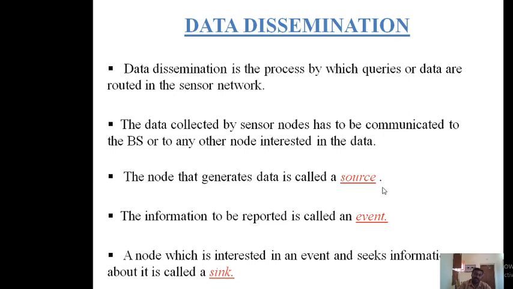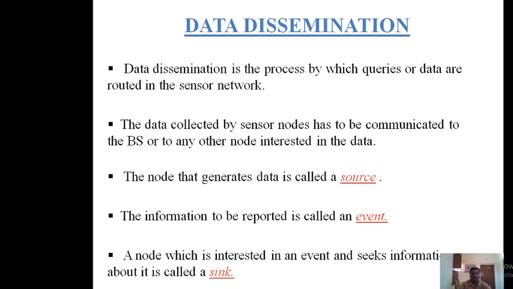So data generated by some nodes is called source, and that information is reported by some other intermediate nodes called event nodes. Some other nodes seek the information which is in the event nodes.